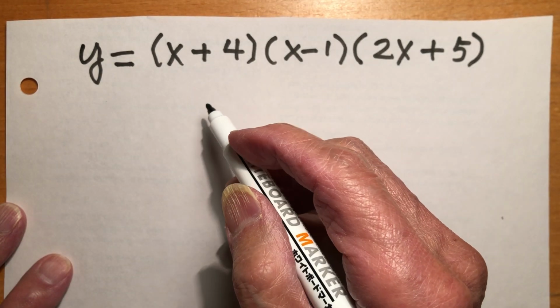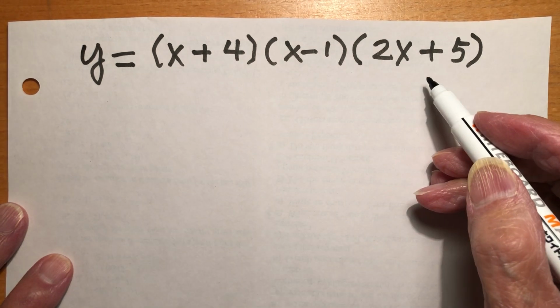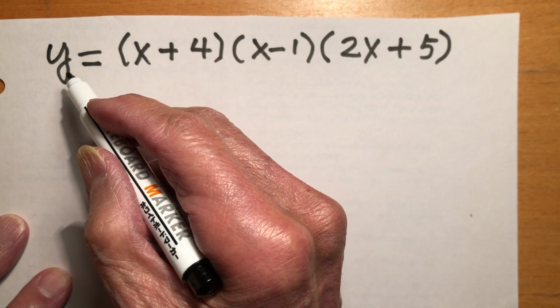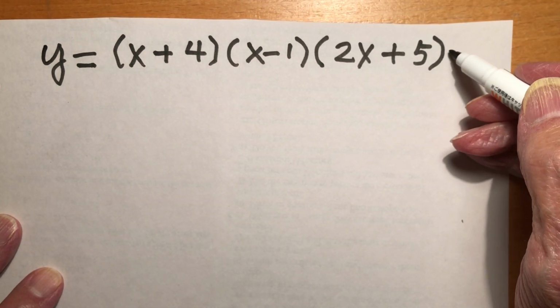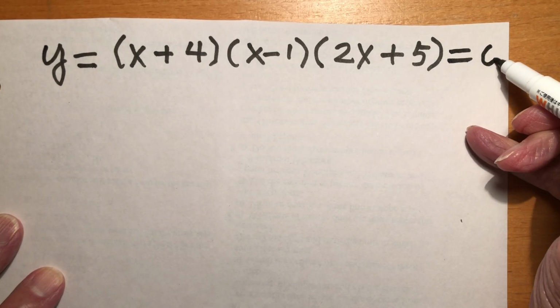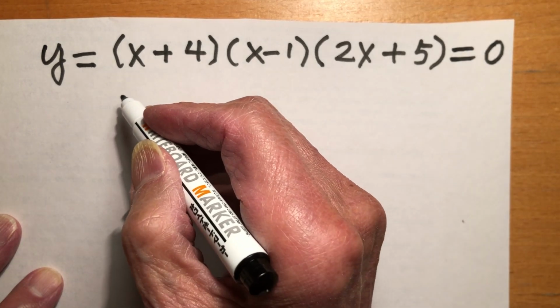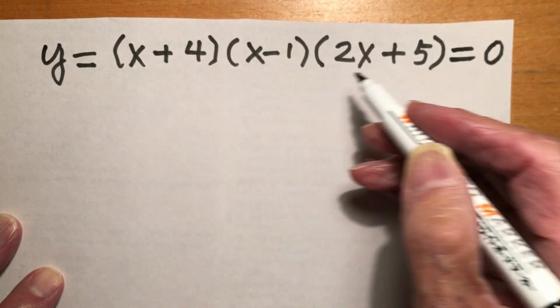Let's find x-intercepts. The x-intercepts can be found by letting y equal 0. So I can let this be 0 and find the x-intercept. So the x-intercept, this is equal to 0.